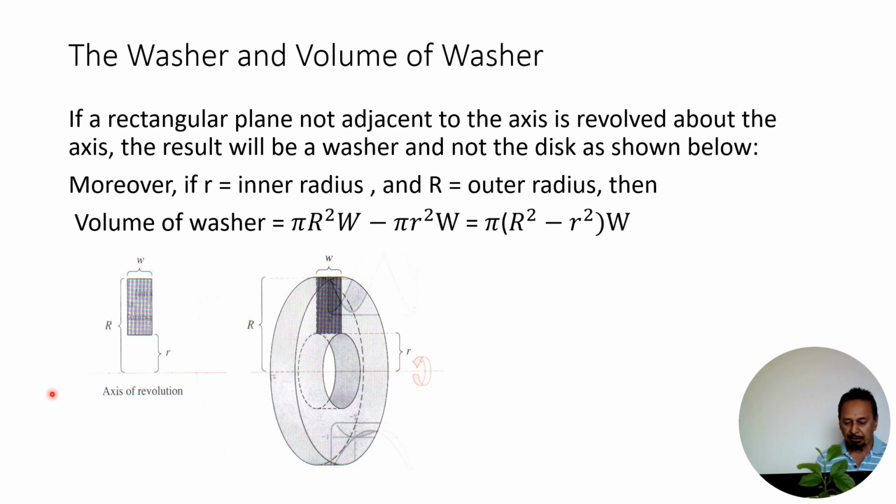If a rectangular plane region, not adjacent to the axis, just like shown in this picture, is revolved about the axis, then the result will be a washer, shown like this one.